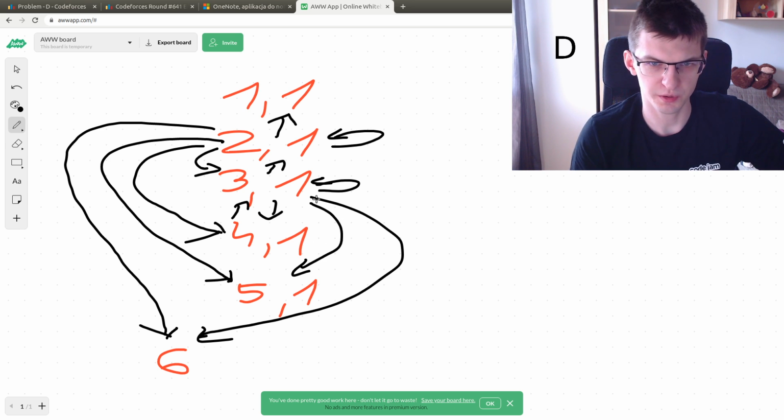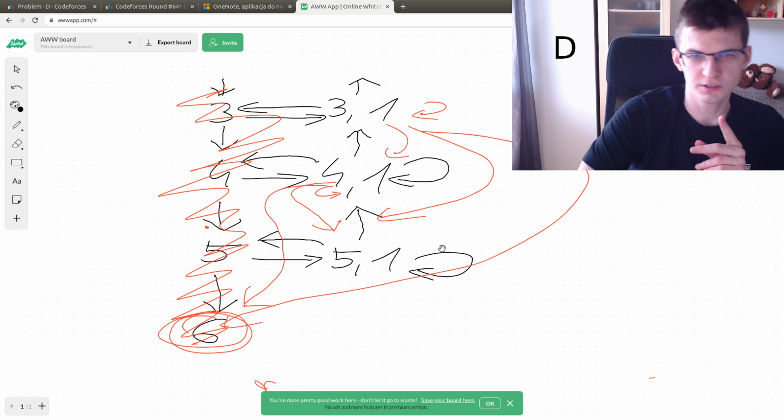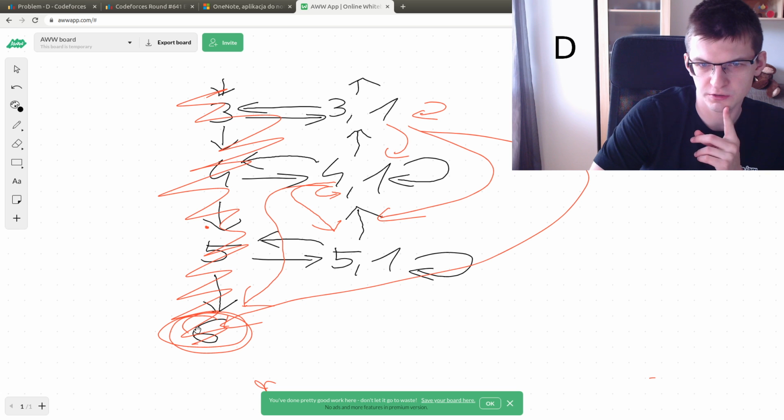Can I compute this probability of going from 3,1 to 6? Well, it came from the previous graph. I think this will be a working solution. What's the probability to go from 3,1 to 6? It will be some kind of interval.